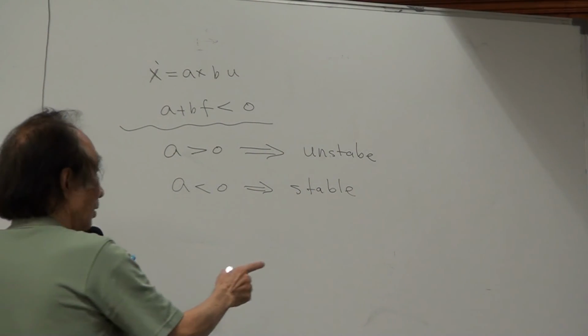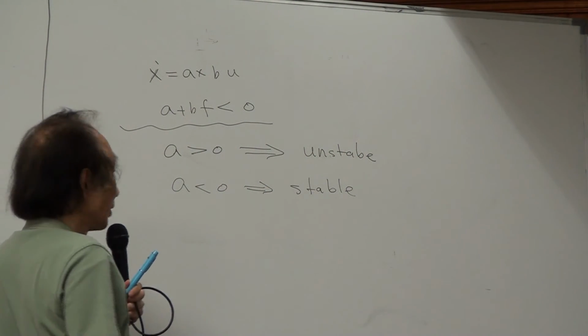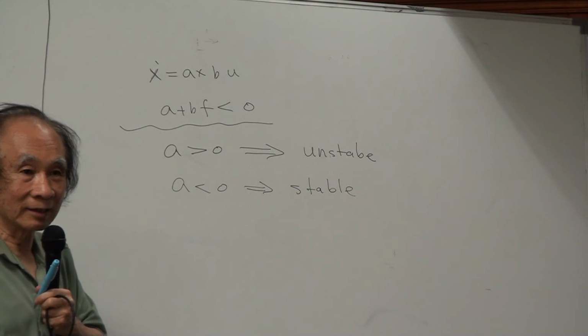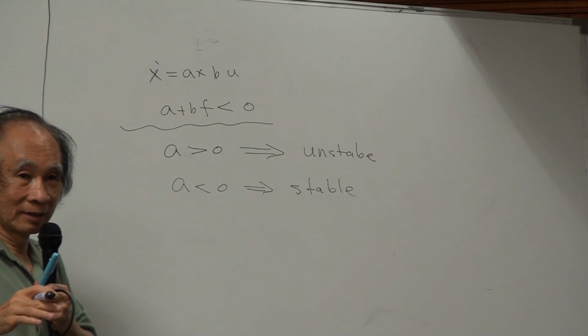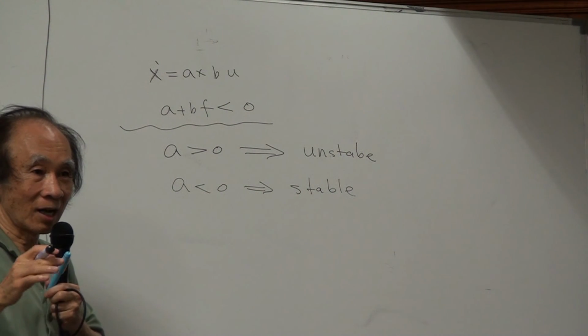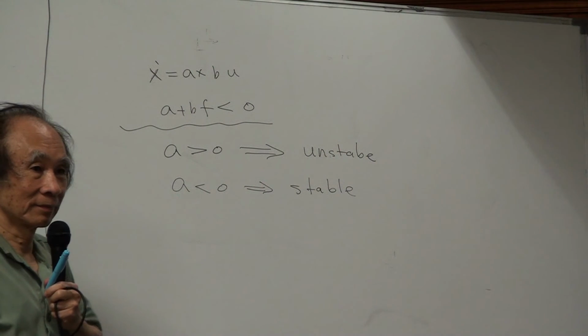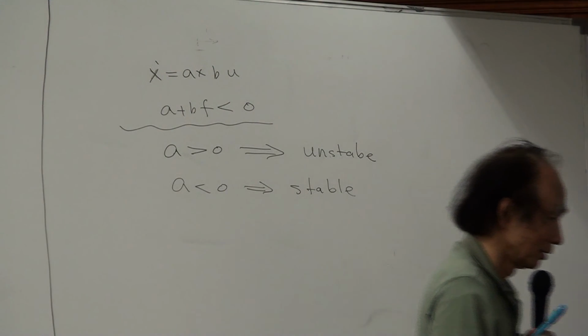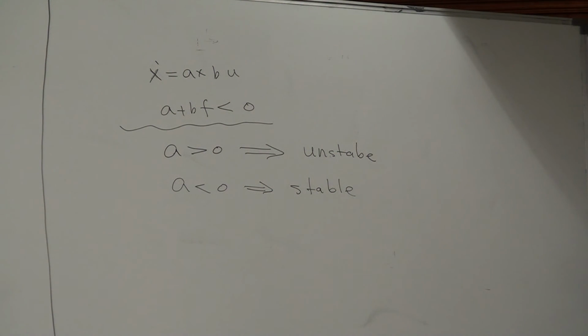So you have to be careful to choose your F, because A less than 0 and A larger than 0 represent different characteristics of the system. Okay? So the next step: if A plus BF is less than 0, then our cost index will become like this.